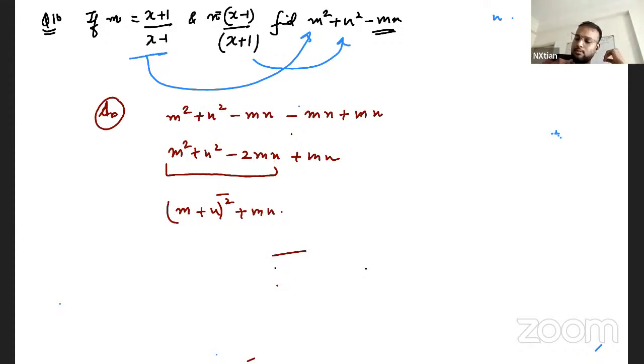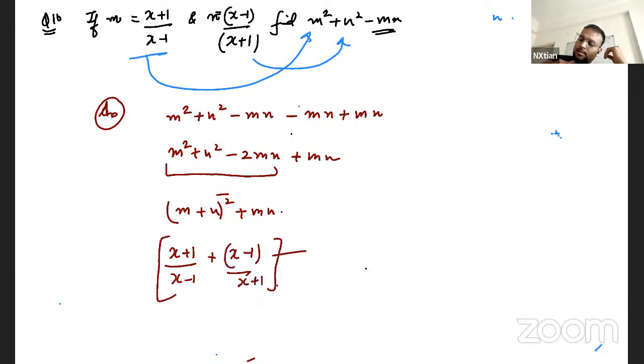Like the m value is x plus 1 upon x minus 1 plus x minus 1 upon x plus 1 whole square plus x plus 1 upon x minus 1 into x minus 1 upon x plus 1.